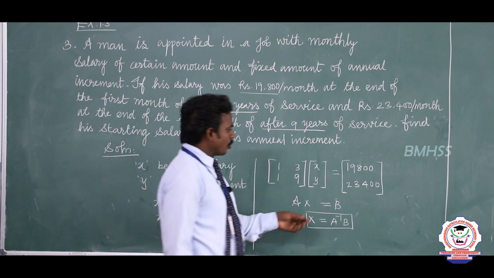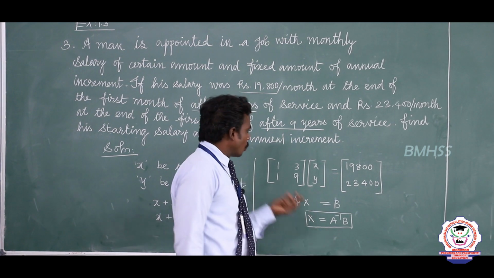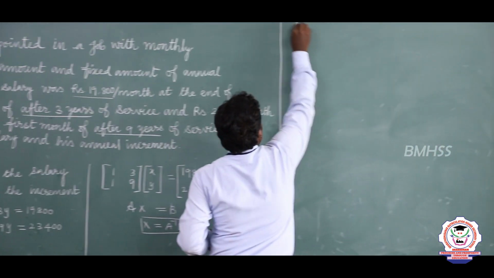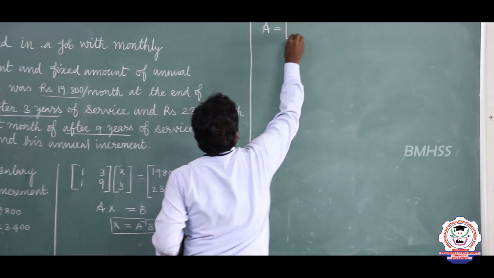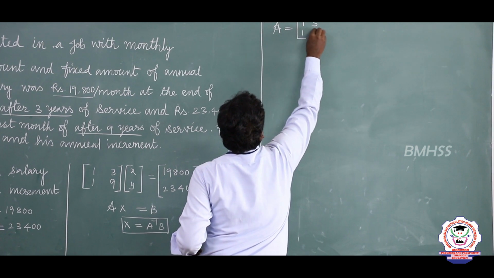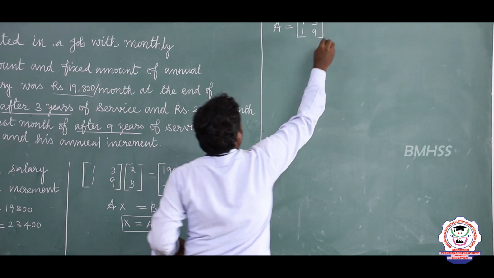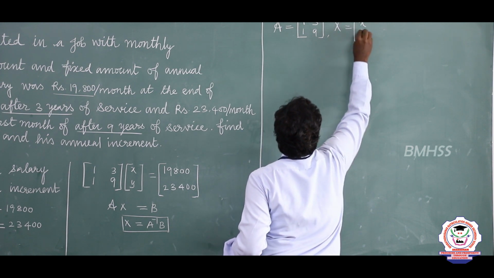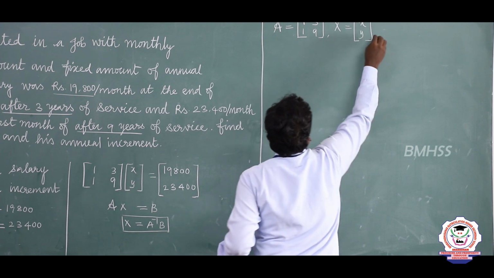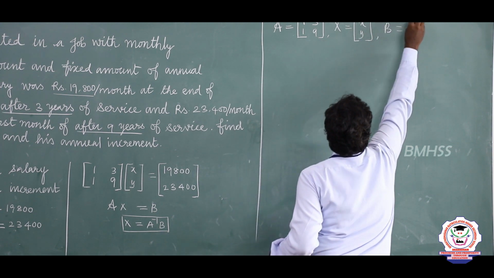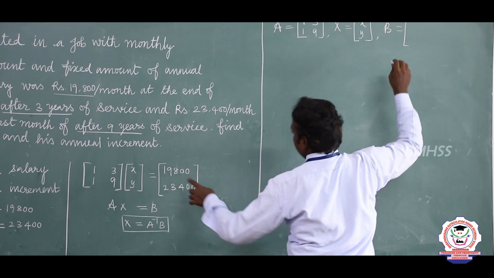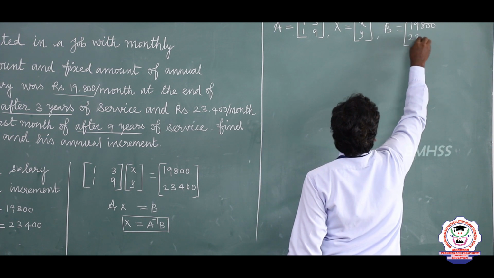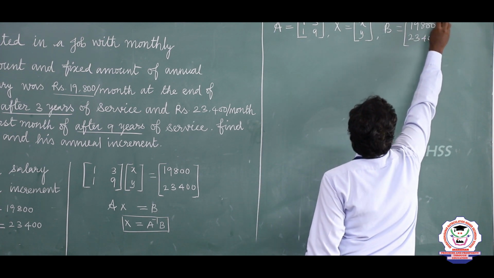First I want to find A inverse. We have the A matrix, a 2 by 2 matrix 1, 3, 1, 9, the X matrix X, Y, and the B matrix 19,800 and 23,400.